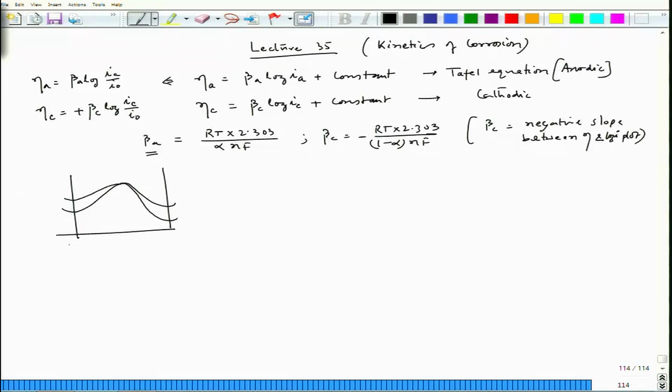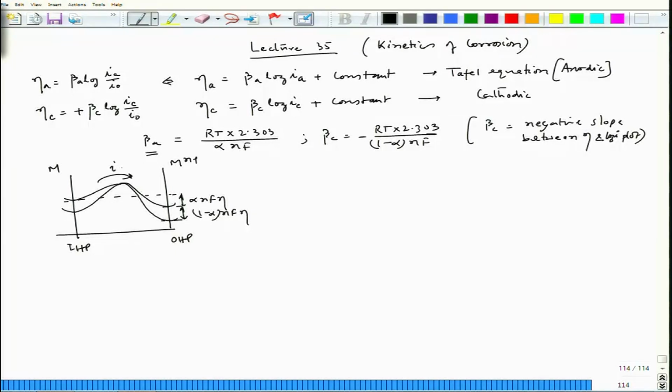So we have this kind of energy distribution plot, where this part is alpha nF eta, and this part is 1 minus alpha nF eta, and this is the M side, this is the M n plus side.